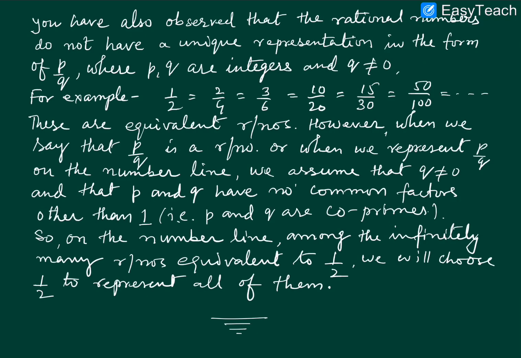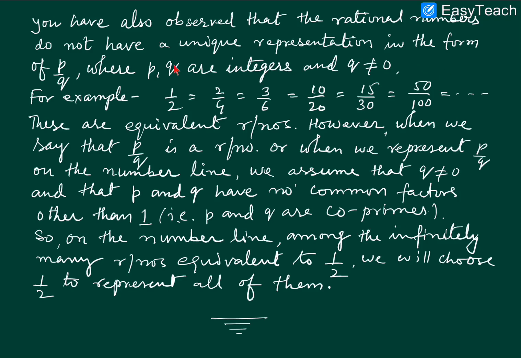You have also observed that the rational numbers do not have a unique representation in the form of p by q, where p, q are integers and q not equal to 0. For example, 1 by 2 can be expressed as 2 by 4, which is also equal to 3 by 6, is equal to 10 by 20, is equal to 15 by 30, is equal to 50 by 100.